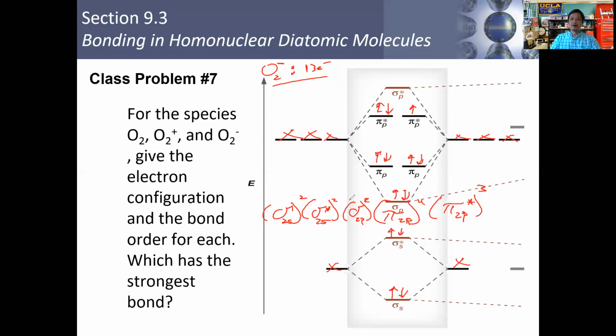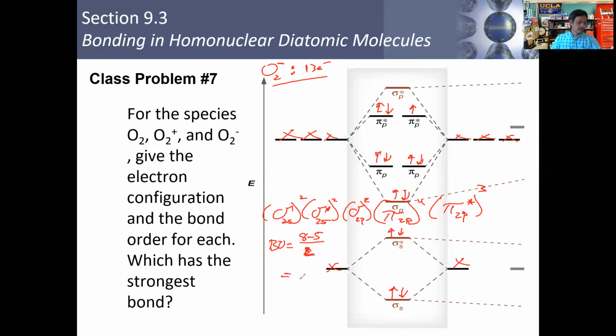There are our 13 electrons. Bond order then, let's calculate this real quickly. We have 8 bonding, 5 antibonding, and we're going to take half of the difference.